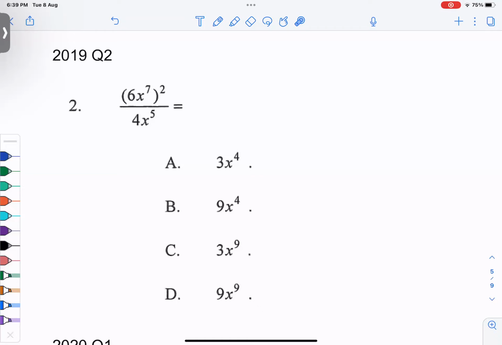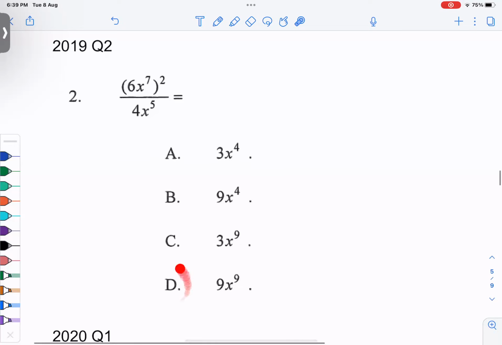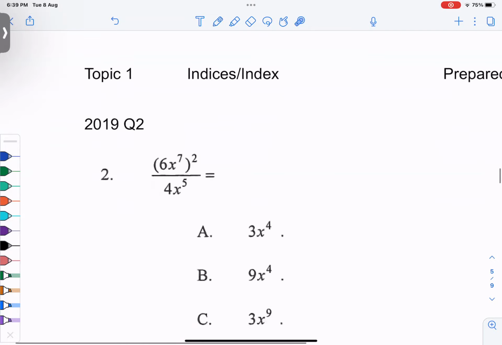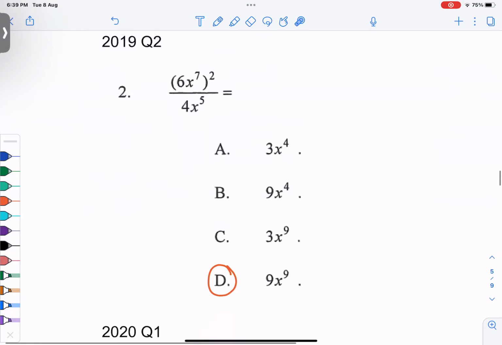Okay, so what do you get for this one? D. Yep. The others also got it? Did your school teach this steps method, or are you using the substitution method in school?